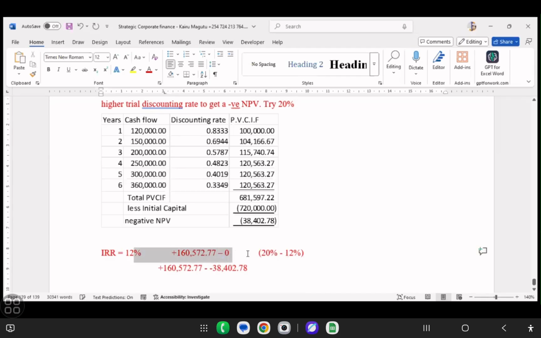Then from there, we put that way. How much is the internal rate of return? The IRR, please.